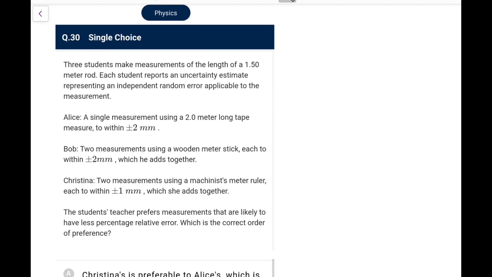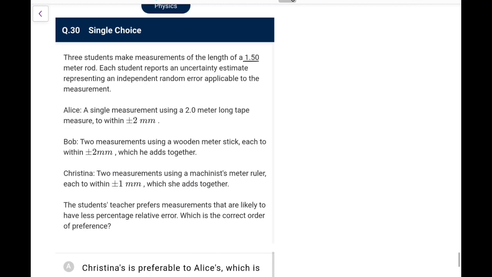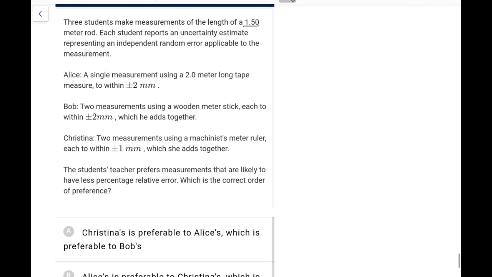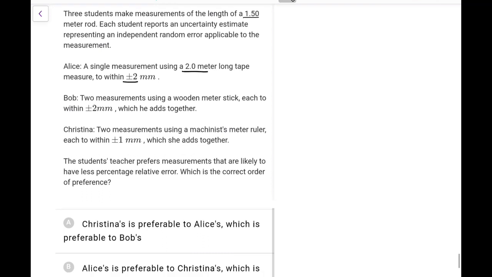Now coming to the last one. Oh, the question seems to be quite lengthy. Next, 3 students make measurement of the length of a 1.54 meter rod. Each student reports an uncertainty estimate representing an independent random error applicable to the measurement. Alice: a single measurement using a 2 meter long tape measured to within plus minus 2 mm. Bob: 2 measurements using a wooden meter stick each to within plus minus 2 mm which he adds together.